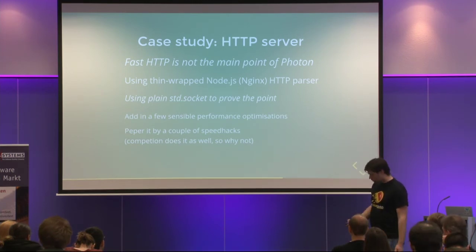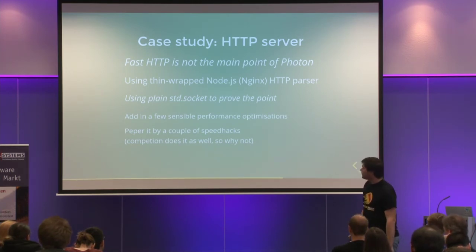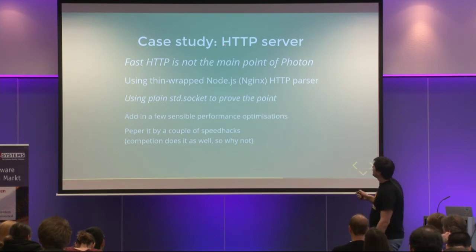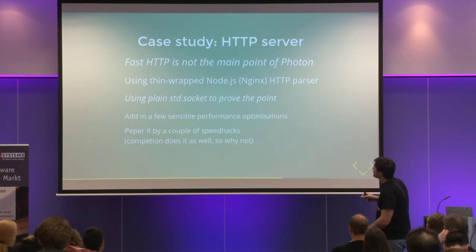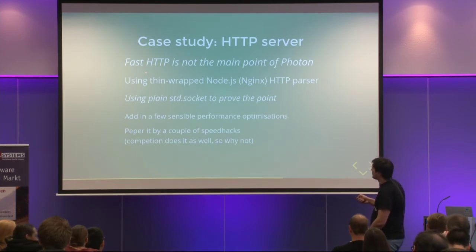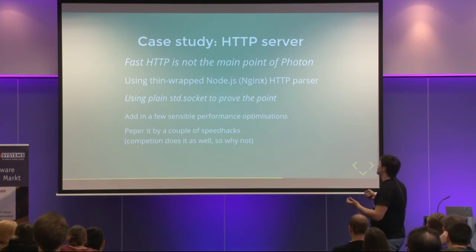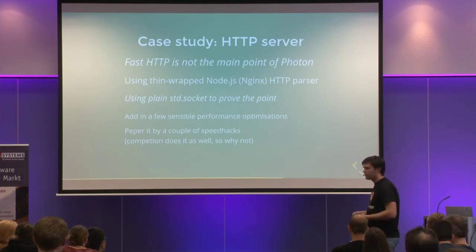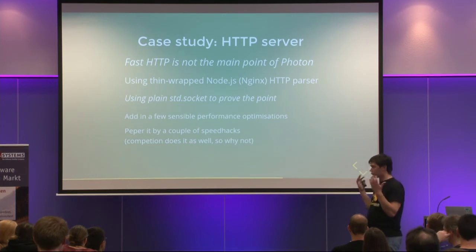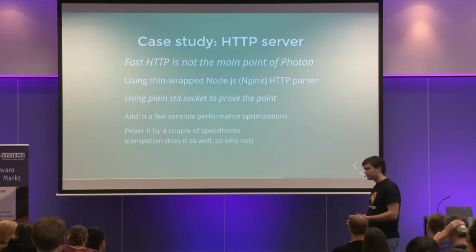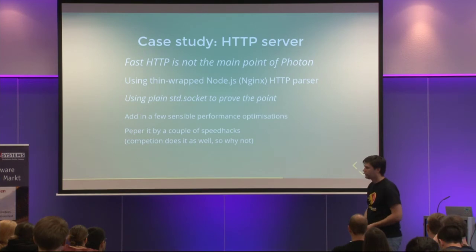Okay, let's get back to the real world. People love HTTP for no apparent reason. And fast HTTP is not the main point of Photon. I don't want to implement HTTP servers ever. But I need to show something, so I pick the Node.js HTTP parser, the C library, and I use plain std sockets to prove the point that you don't need anything special.